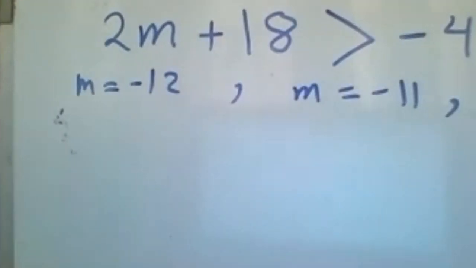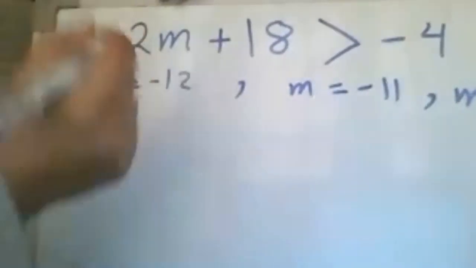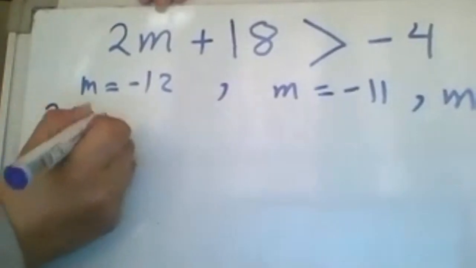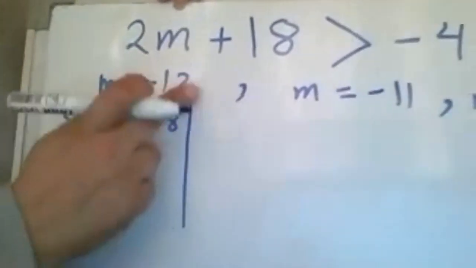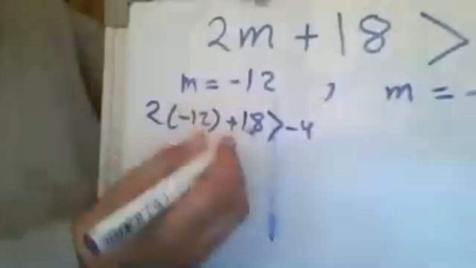And we want to know which one will be the correct answer. As I said, we will replace the value of m for each. Then we will remove m and put 2 times negative 12 plus 18. It should be more than negative 4, and we will check if this one is correct.